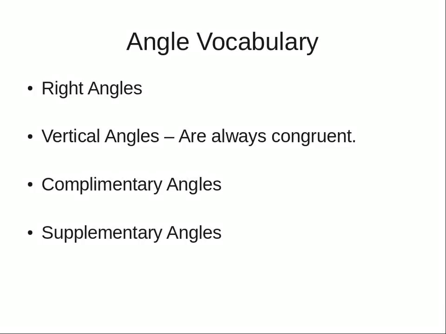You will want to remember that. Complementary angles. These are pairs of angles with measures that sum up to 90 degrees. Supplementary angles. These are pairs of angles with measures that sum to 180 degrees. Okay?